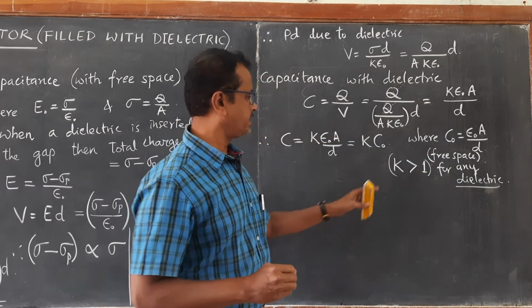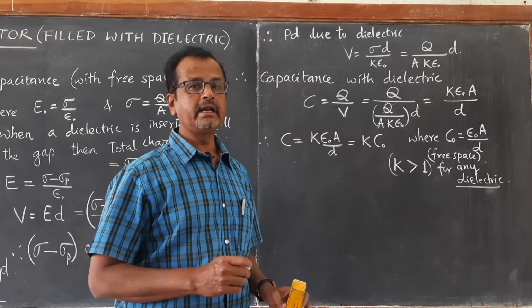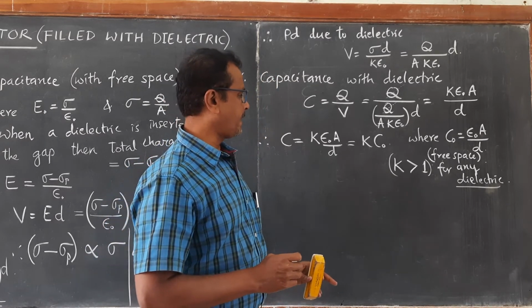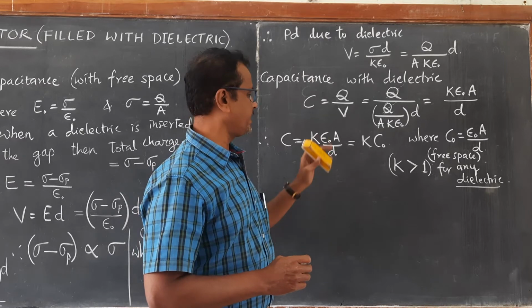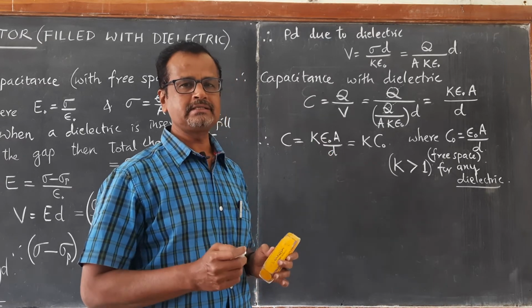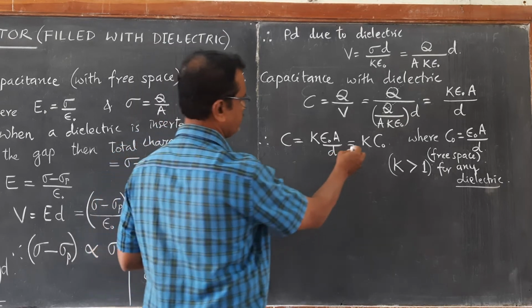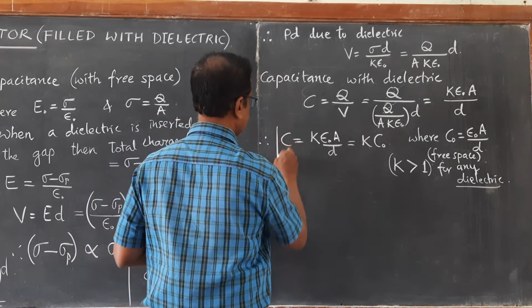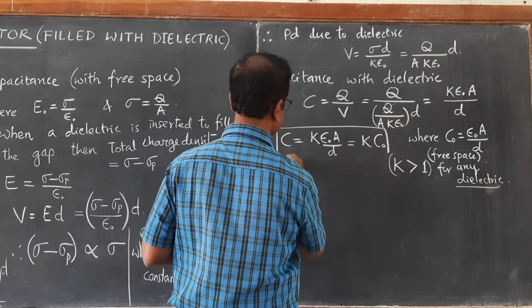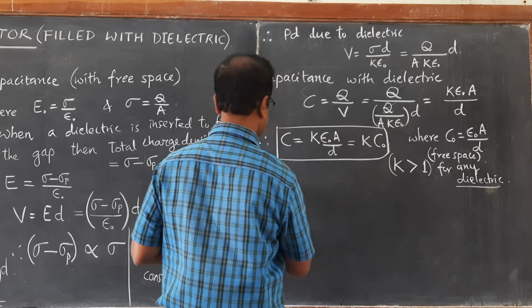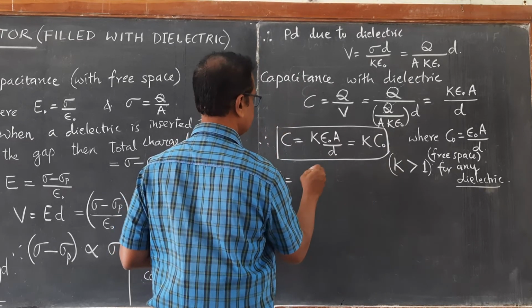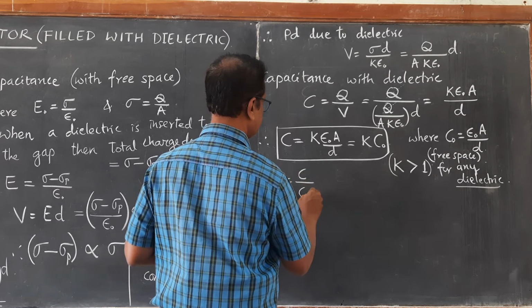So, here K is also called relative permittivity, and the product K epsilon naught is also called permittivity of that medium. So, we will write now what is K. Therefore, with this equation we can define what is K. K is equal to C by C naught.